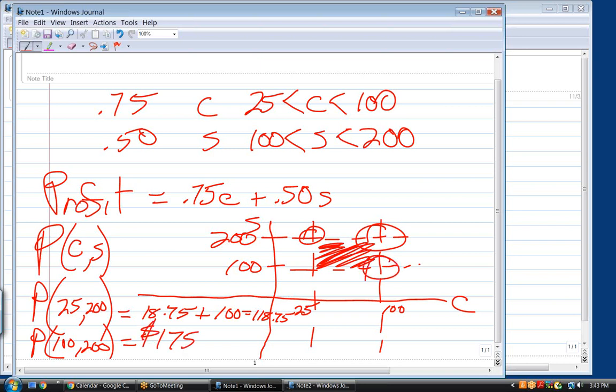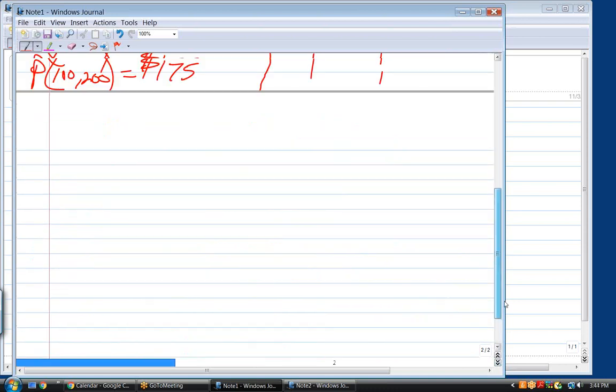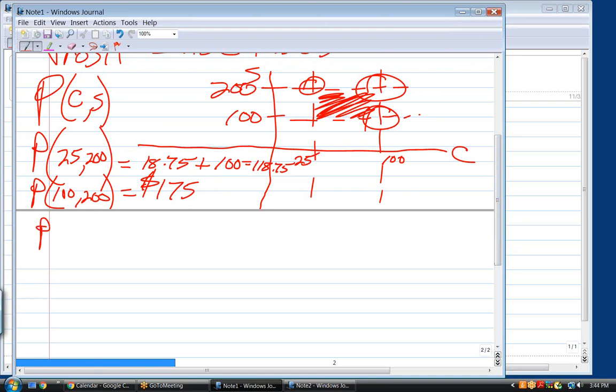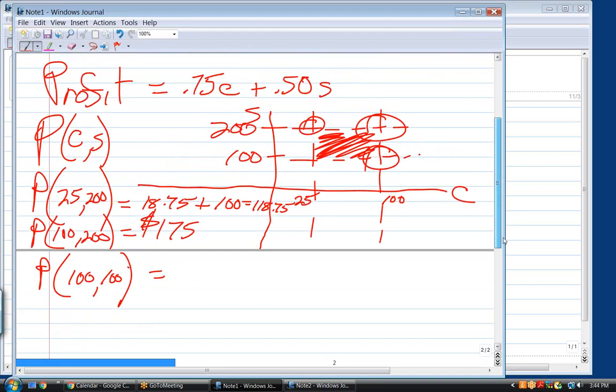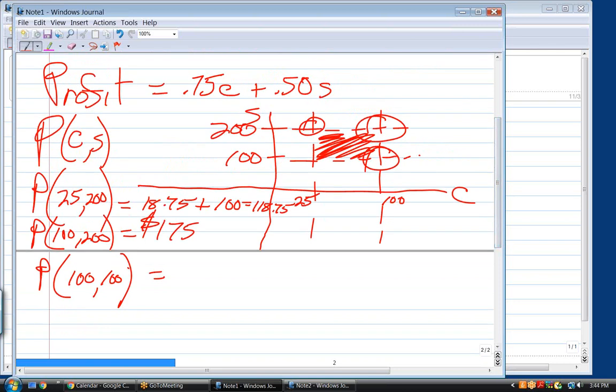But now I've got to check that vertex, and there's no way that's going to be less, because it's the same value for C and a smaller value for S. But just so we do the problem properly, if I want to check P of 100 comma 100, that's going to be 75 plus 50. So that gives you $125.